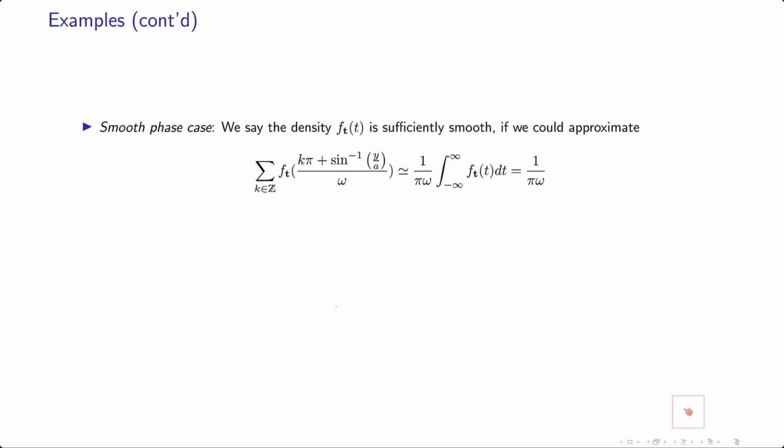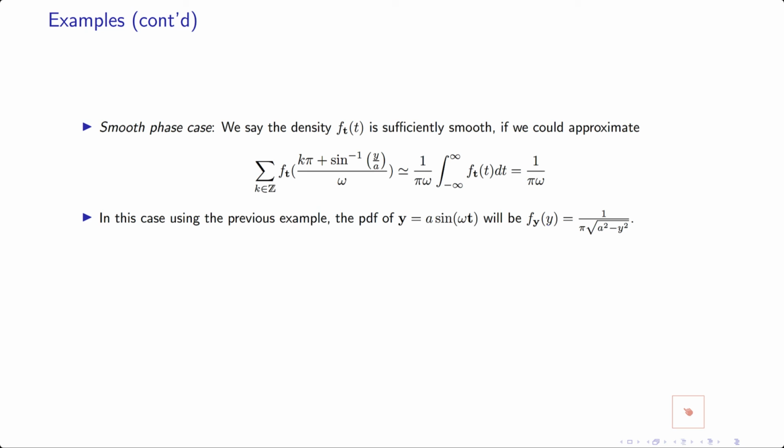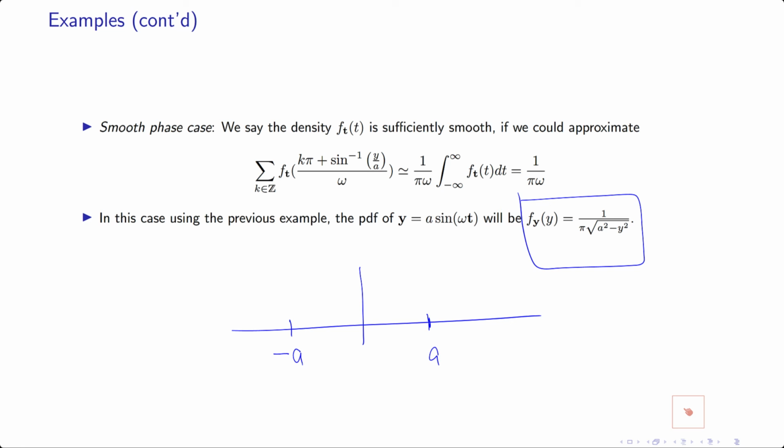For the case that f t of t is a smooth function, this summation can be approximated, and therefore you could say that the distribution of y is equal to these curves. If you want to plot this one, first of all we said that beyond a and minus a we have 0, so my PDF is going to be 0.